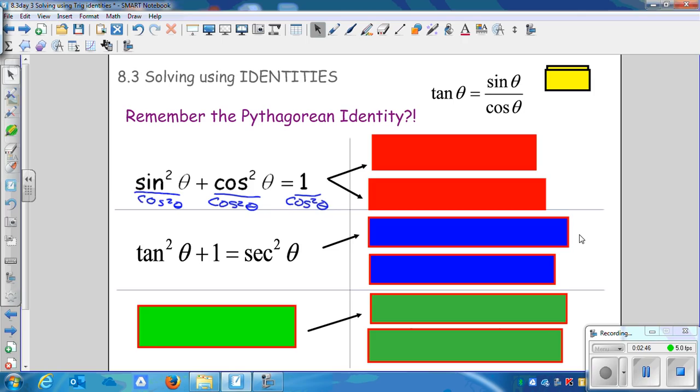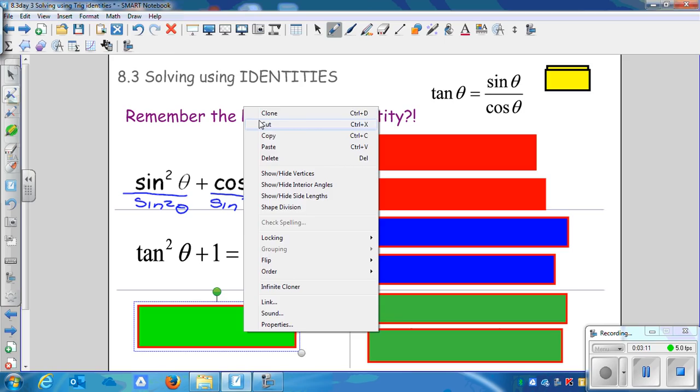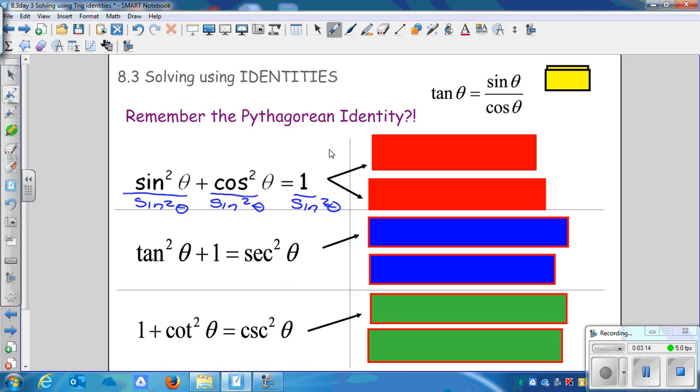Now the other one, if I go ahead and divide through by sine squared theta this time, you'll see that we generate 1 plus cotangent squared theta equals cosecant squared theta.